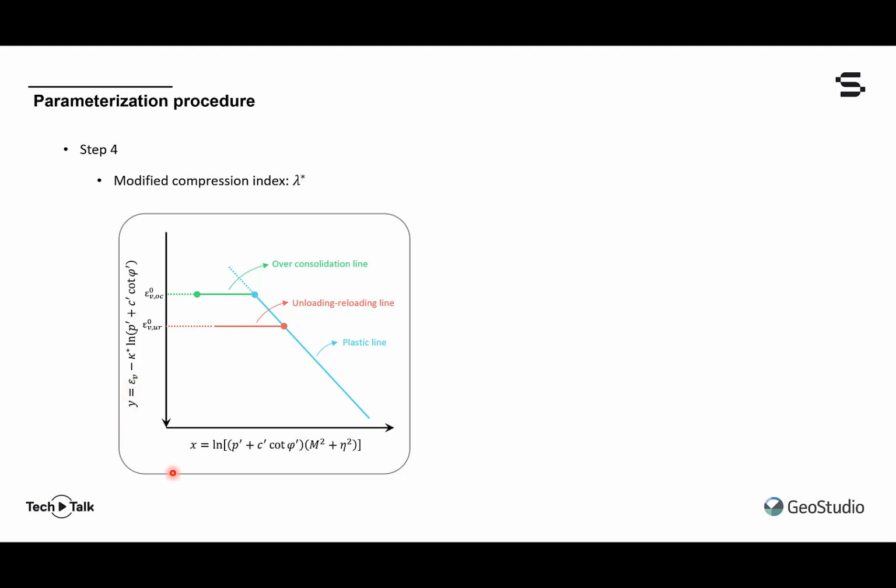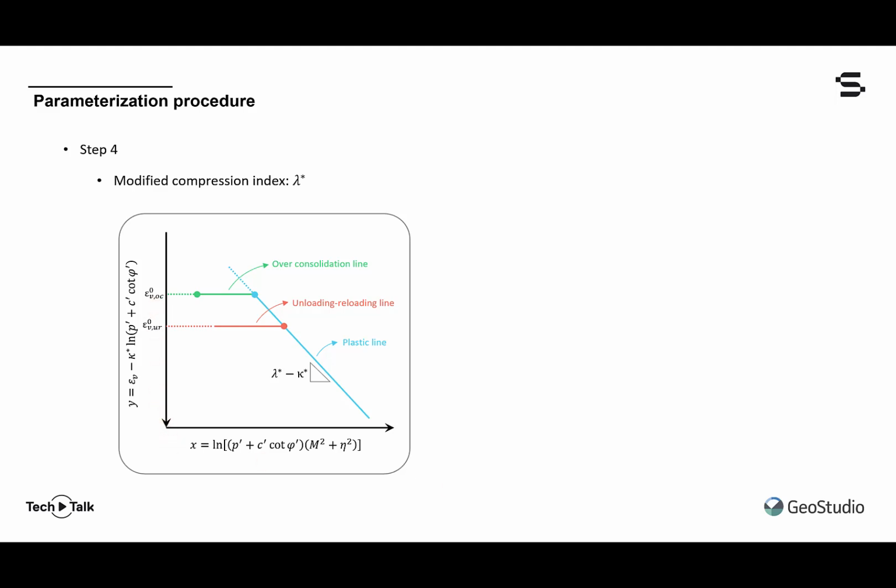In this axis, we have the natural log of our confining stress variable multiplied by the aspect ratio squared plus the stress ratio eta squared. So fairly simple operation. And the slope of this new line in this coordinate space is the difference between the two indices. And again, I think I highlighted that here.